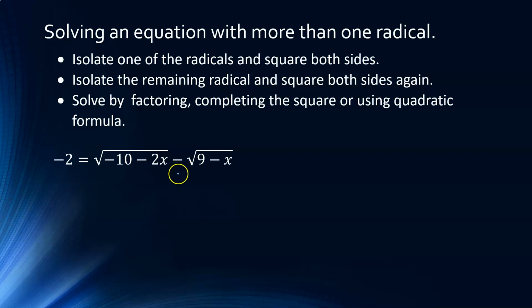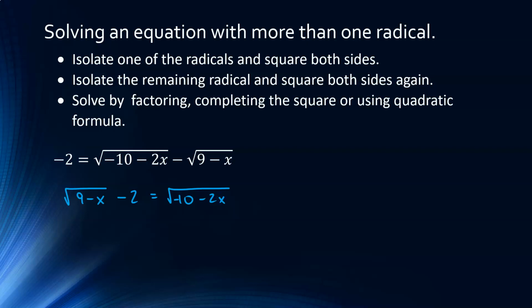So what I'm going to do is add square root of 9 minus x to both sides. So we're going to get this one by itself. If I add that to both sides, on the left side I'll have square root of 9 minus x minus 2, and on the right side, I have negative 10 minus 2x.